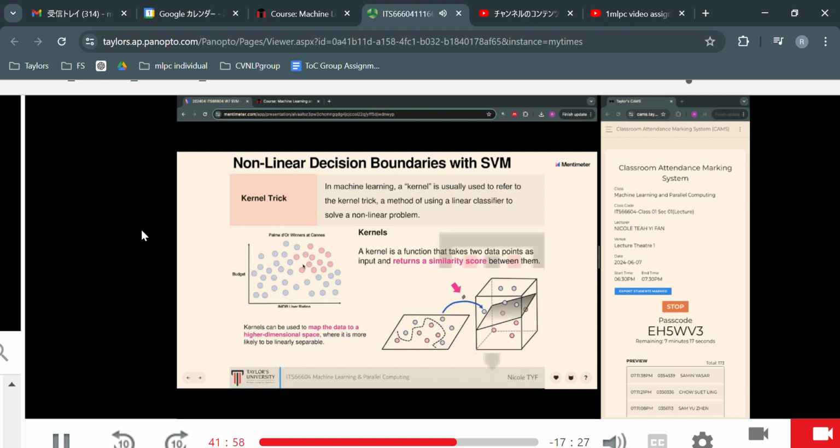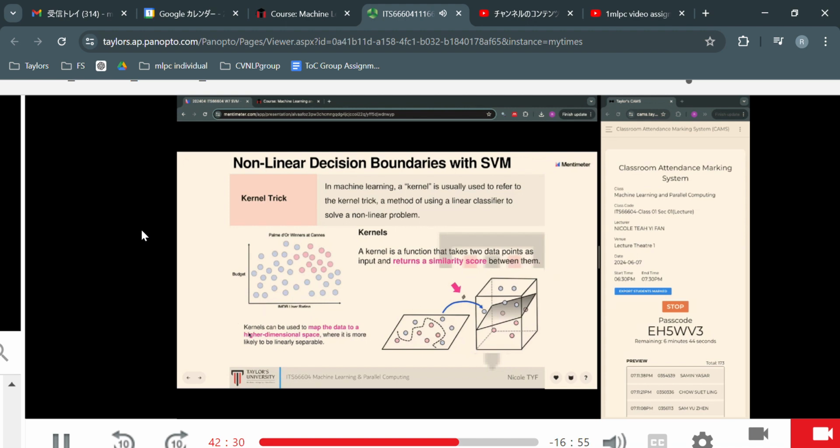Say we lay every single point on a flat surface, all of them existing in 2D. What this kernel trick does is raise the pink color points up to the third dimension, and then cut them off with a decision surface or a hyperplane. And this is called the kernel.